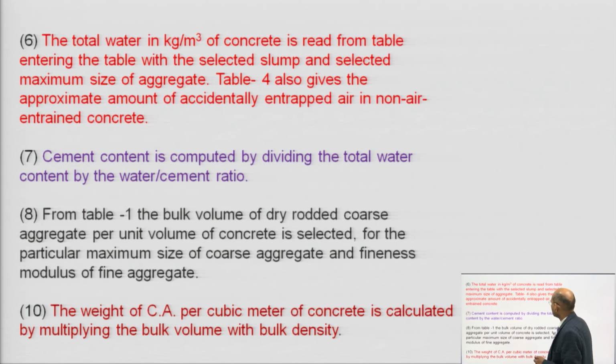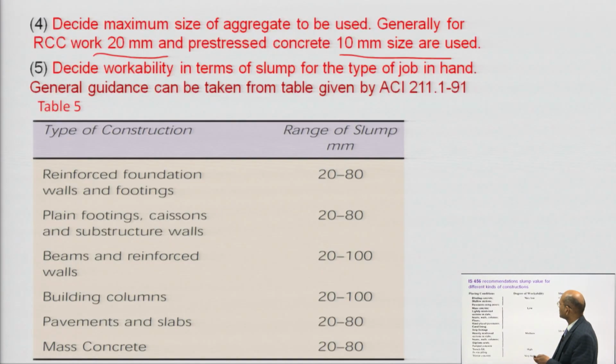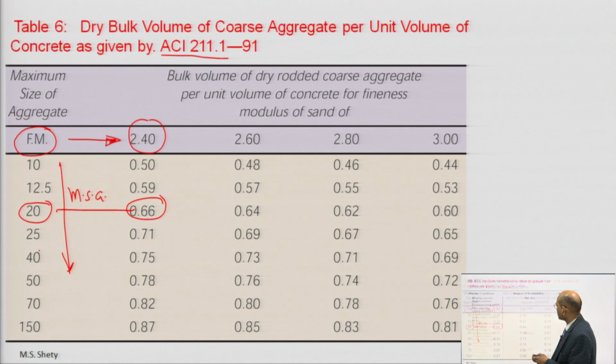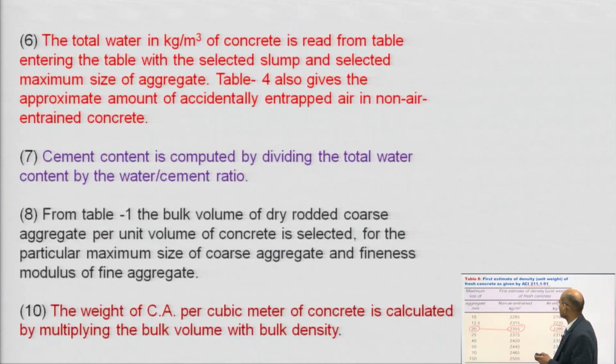We have calculated the total water content, depending on the workability condition. We have to take table number 7. We need a water of 200 kg per meter cube.